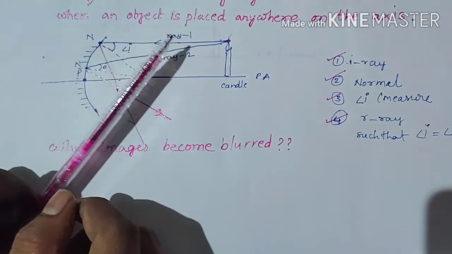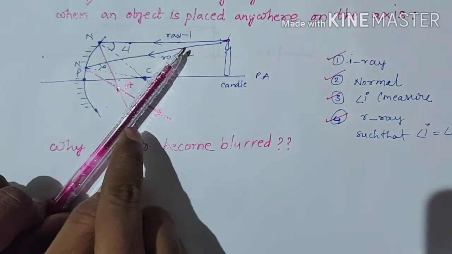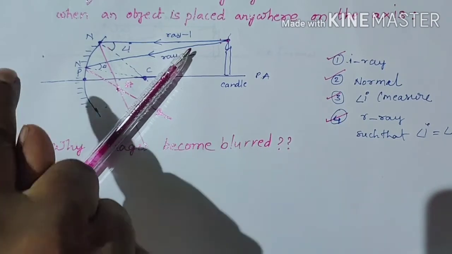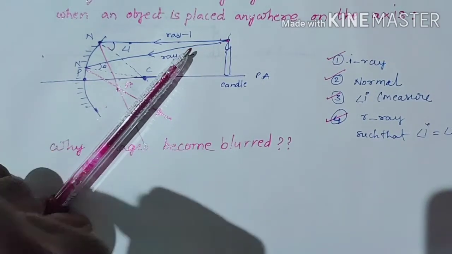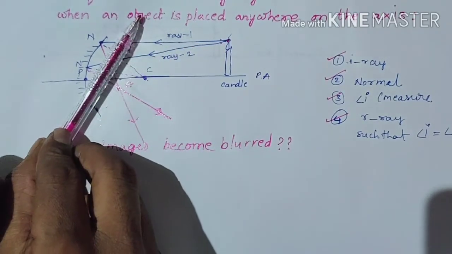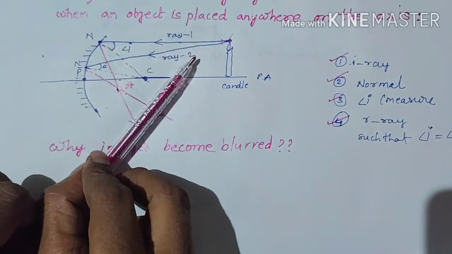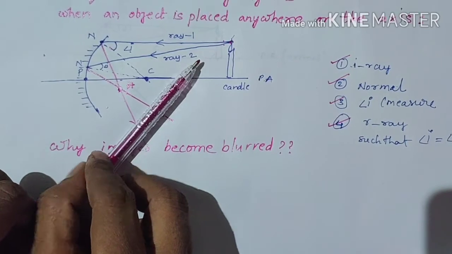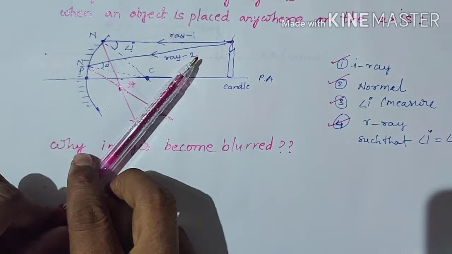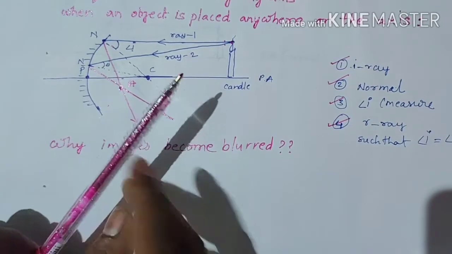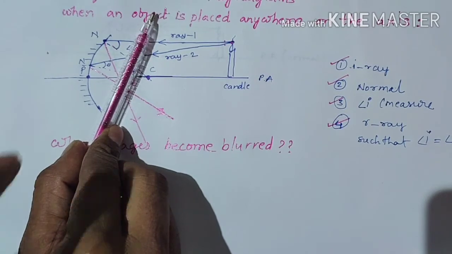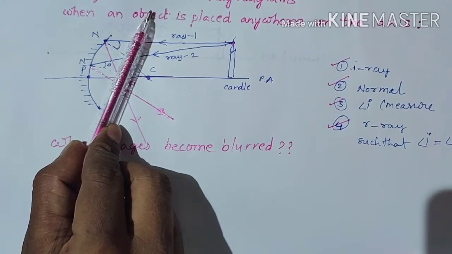The same thing happens if you place the screen beyond point A. So either before the point of intersection or after the point of intersection, if you place the screen at either of these two places, you will get blurred images. That's the reason we have to place the screen at the point of intersection of these two reflected rays.